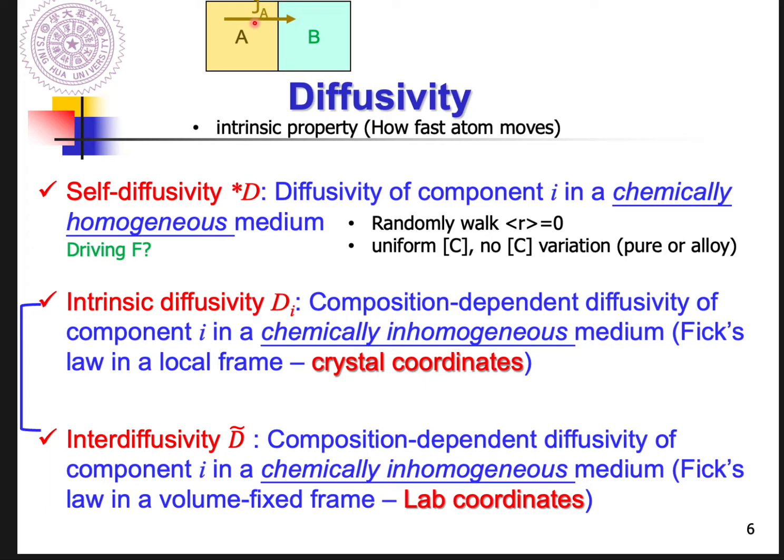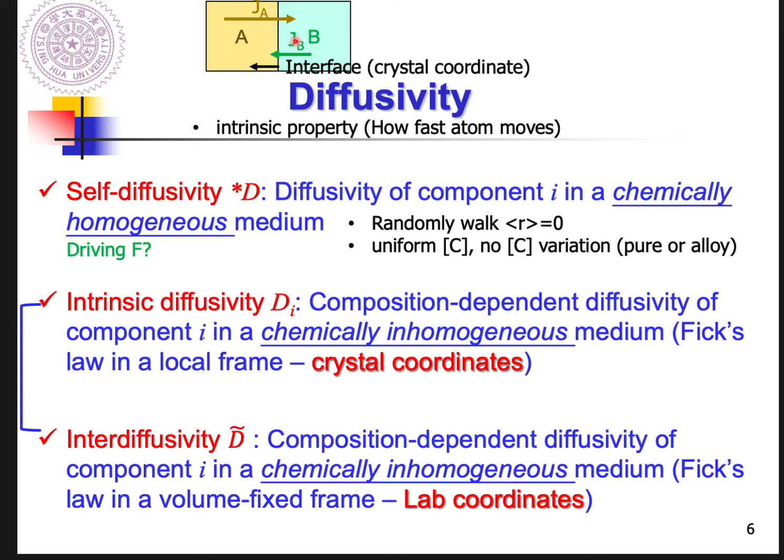So we assume at a high temperature, there's a flux JA toward the right-hand side, and there will be a JB, the flux of atom B toward the left-hand side. So we assume JA is larger than JB.